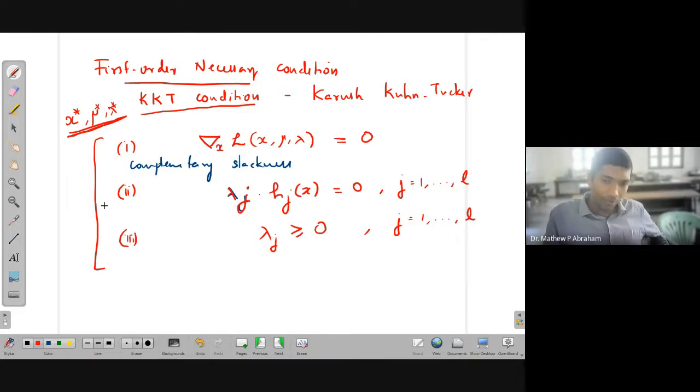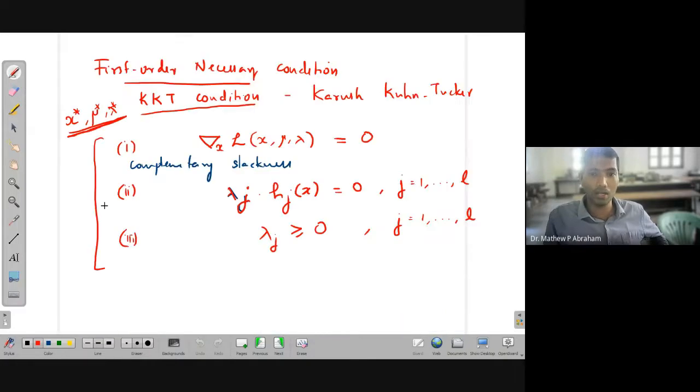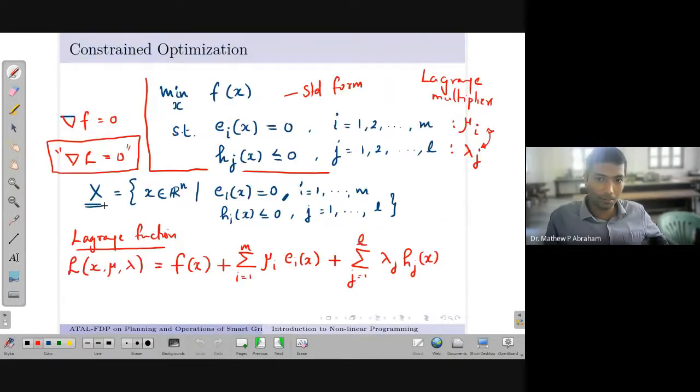Okay, so I thought of doing a sample problem, but because of time constraints, I am not taking time to solve a problem. I'll just quickly go into the next thing, which is duality. What is duality? If you understood what Lagrange multipliers are, these Lagrange multipliers are called dual variables.